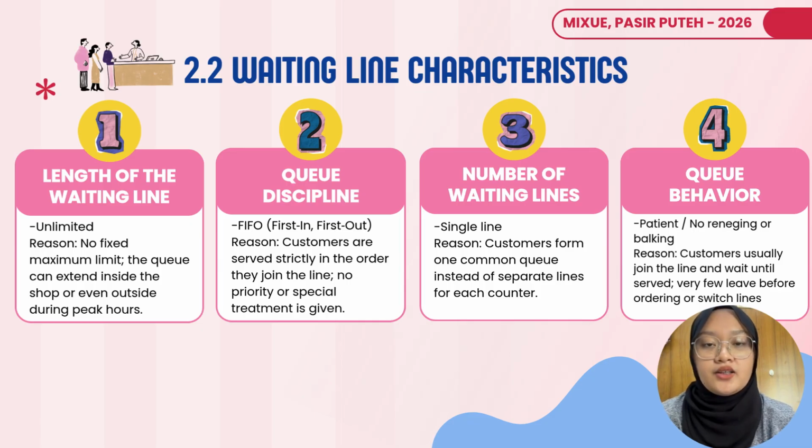Customers are patient with no balking and reneging. Most people are willing to wait because Mixue offers affordable, popular drinks and desserts, while a small number may leave if the wait is extremely long. The vast majority stay until they place their order. These 4 characteristics define how the waiting line at this Mixue outlet operates and form the basis for our performance analysis next.